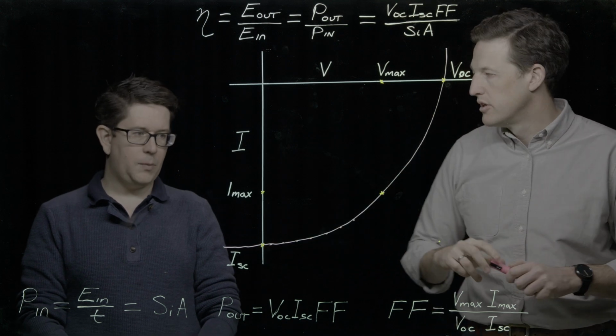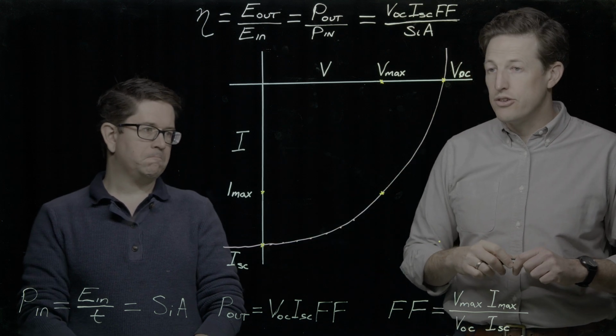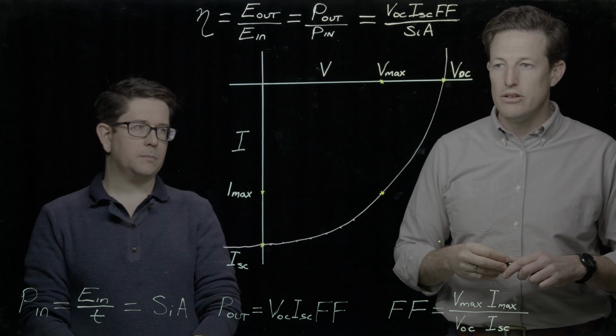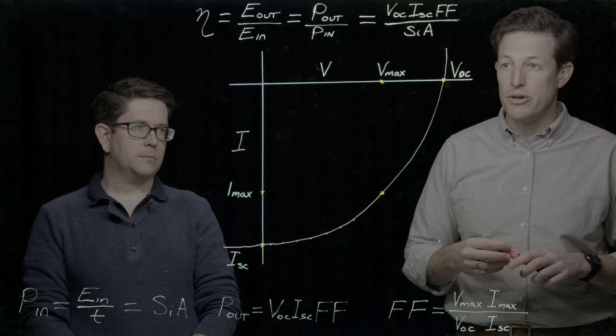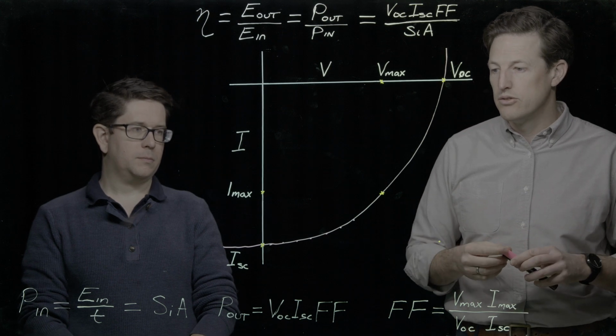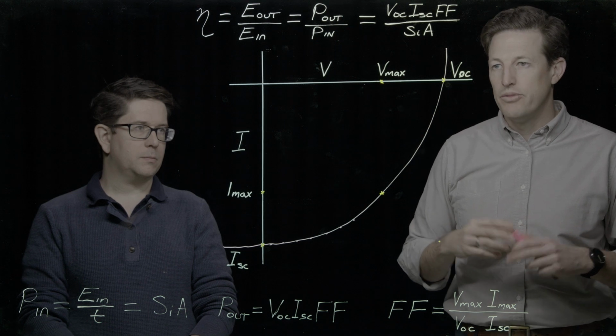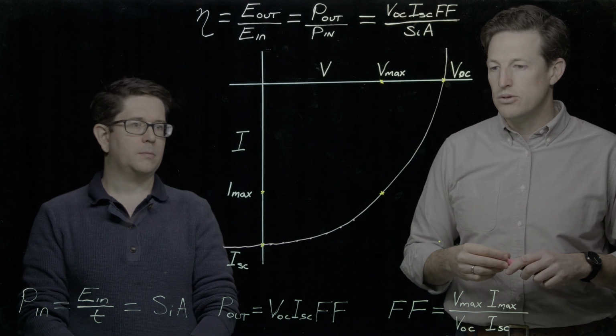Interestingly, at those two points, the power the solar cell is generating is zero, because if either the current or the voltage is zero, then we receive no power at all.